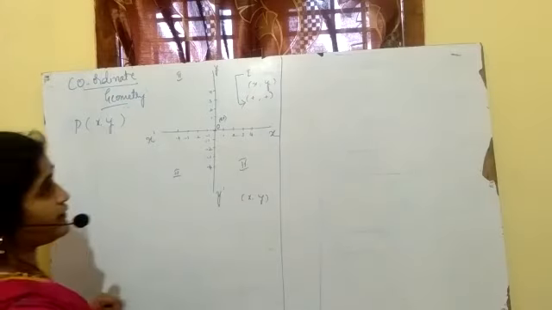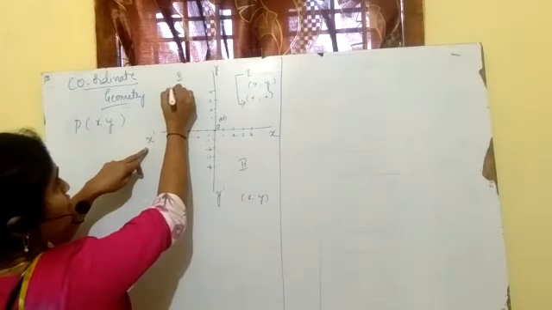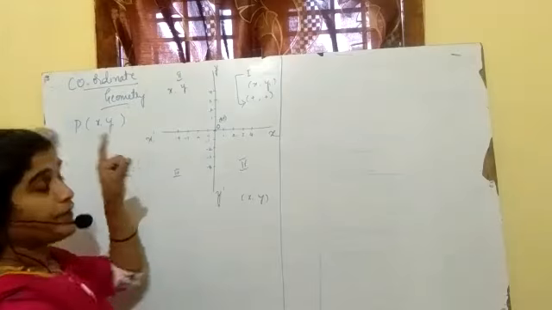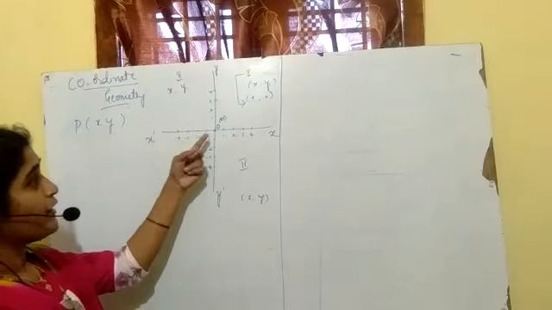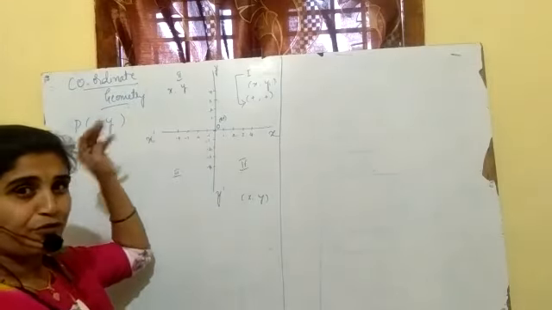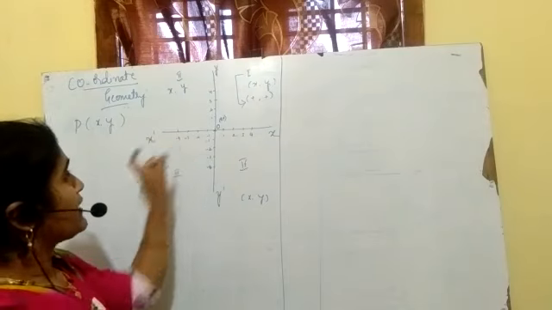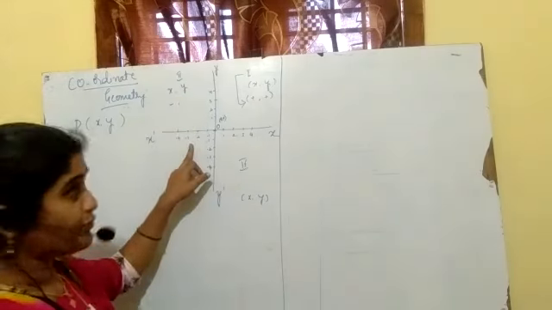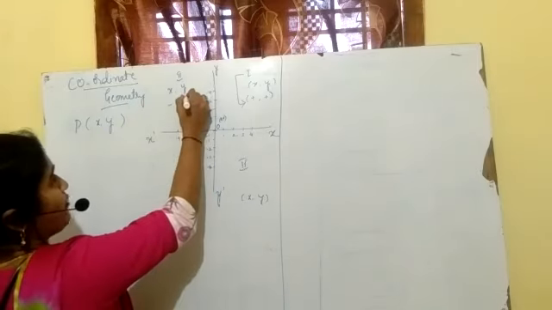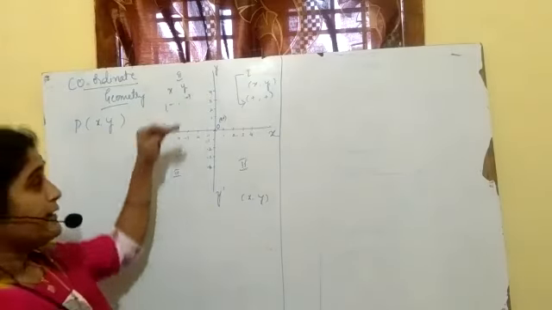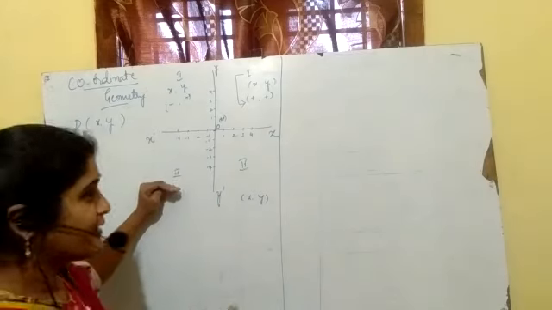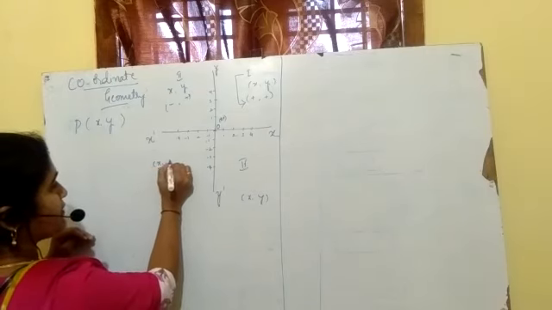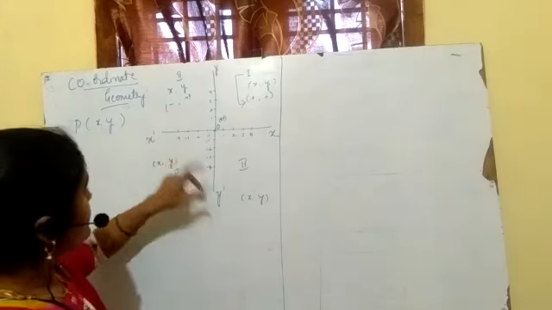Here it is the second quadrant. Whenever you come to the second quadrant, you have to write x first. The x value here becomes negative. That is, the x value is negative and the y value is positive. Then you come to the third quadrant. Here also you first represent x and then y. What's the value of x?